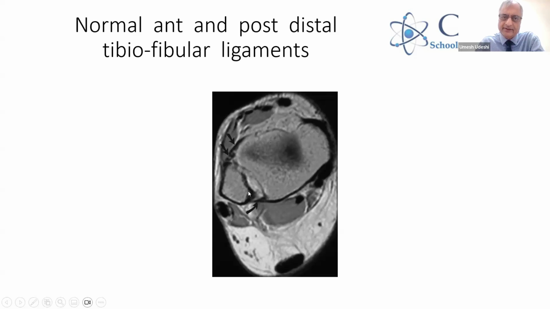And they should be this sort of thickness, not much more than this. Sometimes you don't see it all in one slice, and you have to mentally look at two adjacent slices and confirm to yourself that it is actually intact rather than torn. If it's torn and the space is widened, that's a high ankle sprain or tibiofibular synchondrosis disruption.